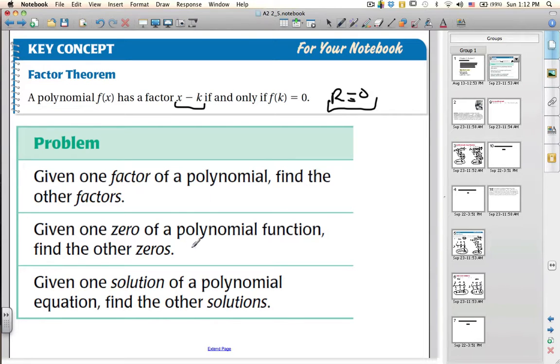If they give me 1, 0, right? Remember, the 0 is the k part of the factor. If they give me a 0 or a solution, right? Zeros and solutions are the same thing. So this gives me baby steps toward solving a polynomial on my own. Now I'll be able to solve a polynomial if I'm given a little bit of information, if I'm given one of the factors or one of the solutions.